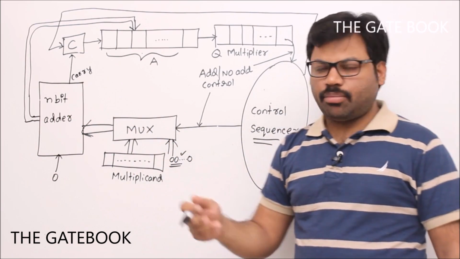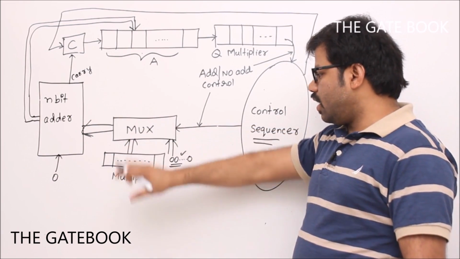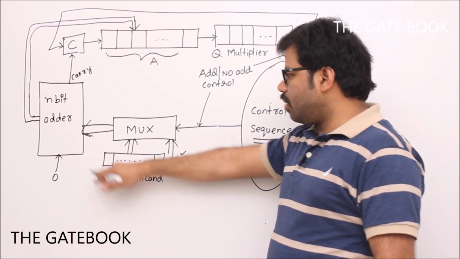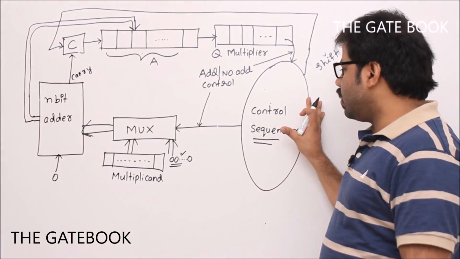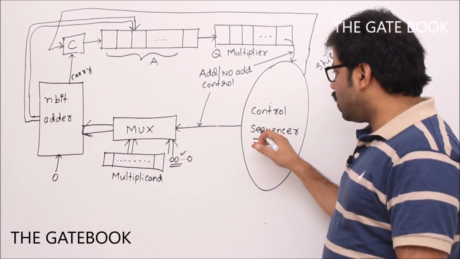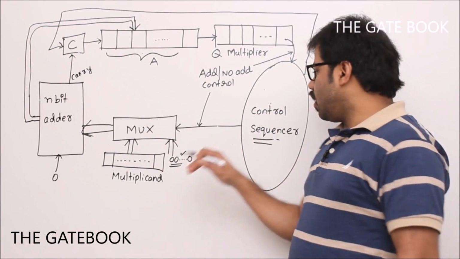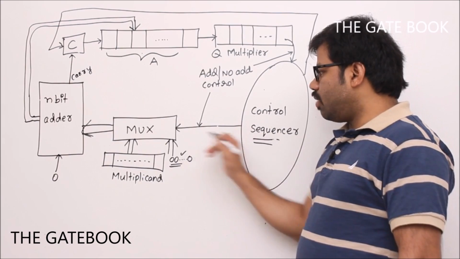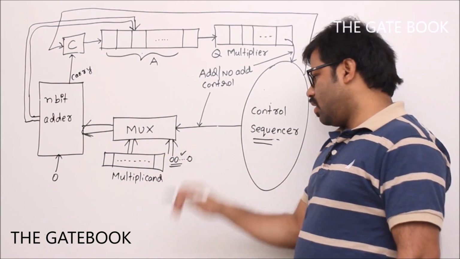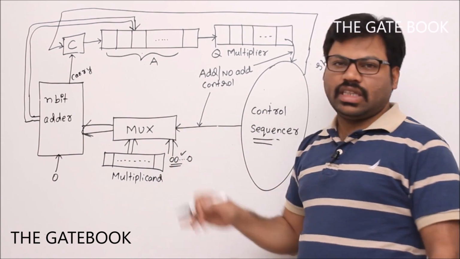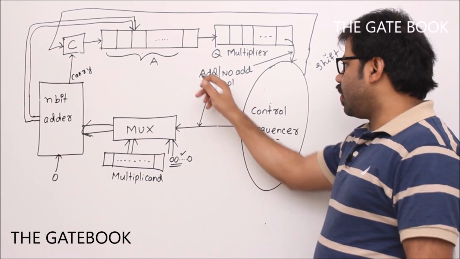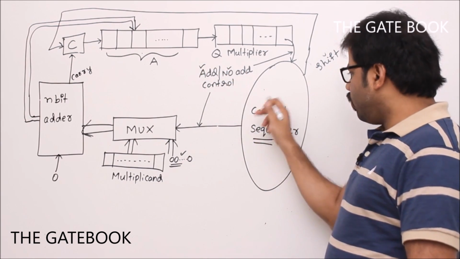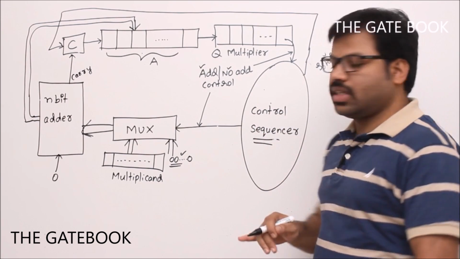So the multiplexer is going to decide whether the argument is the multiplicand or zeros, based on the control sequencer's decision. The control sequencer says, my dear mux, this time multiplicand, my dear mux, this time zeros. In that way the multiplexer is controlled by the control sequencer, which gives the add or no add control.